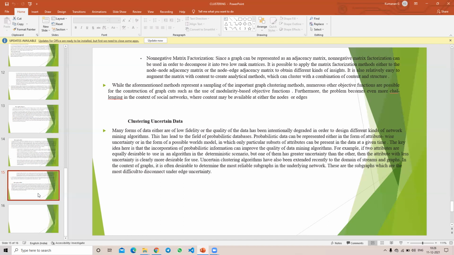First, clustering uncertain data. We have completed the common techniques used in cluster analysis and the data types studied in cluster analysis.